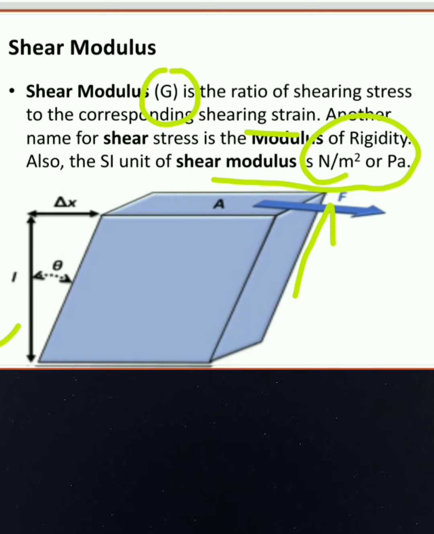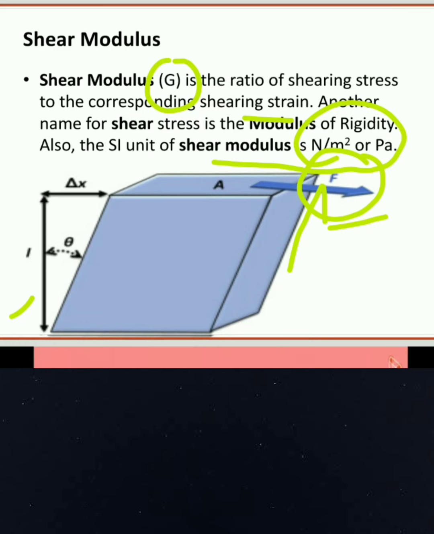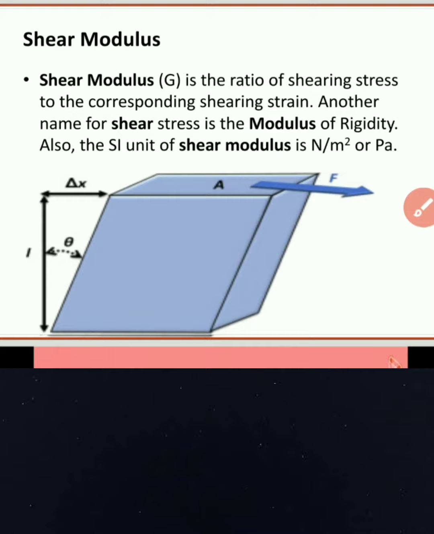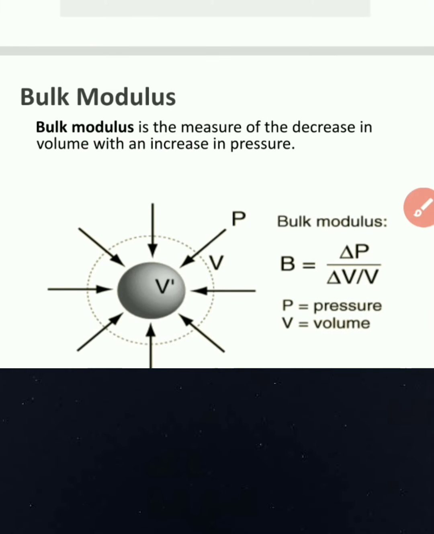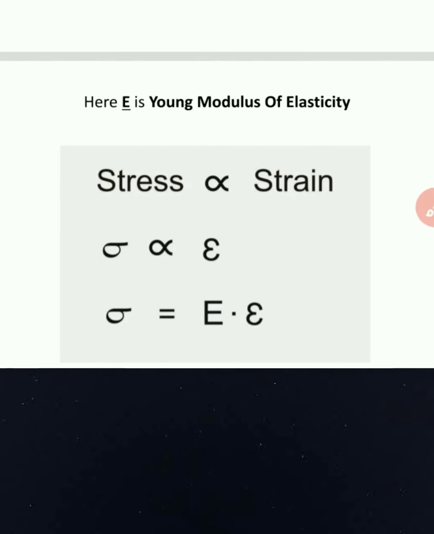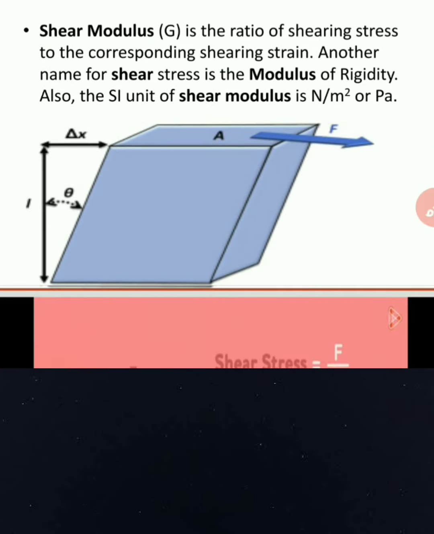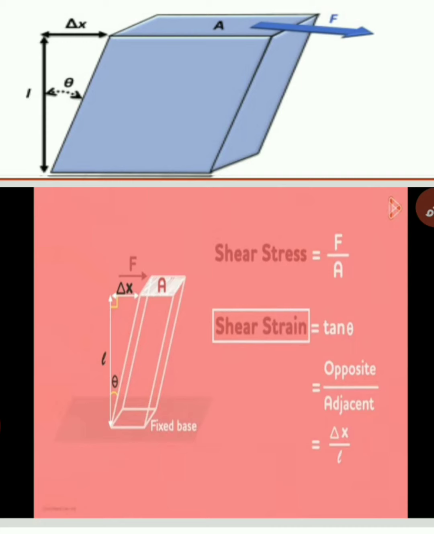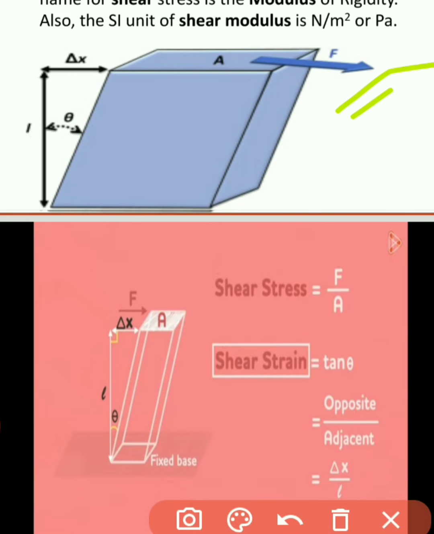Now let us consider an object. Here a force F is applied which is parallel to the object. This is the main point. In our earlier moduli, the force was perpendicular. In Young modulus also the force was perpendicular, but in case of shear modulus, this force is tangential or parallel to the object.